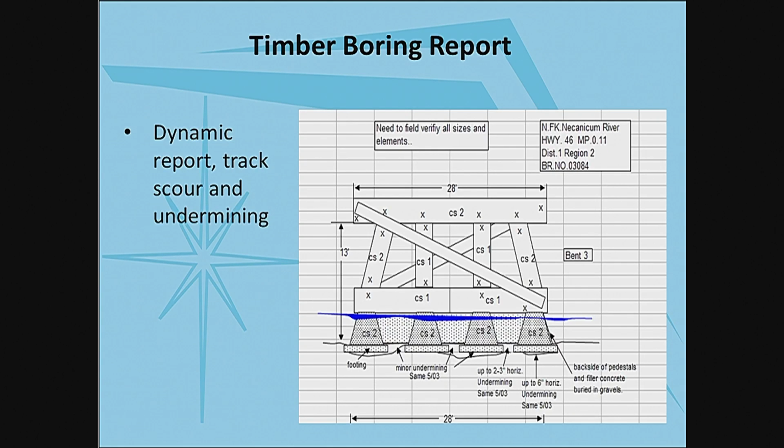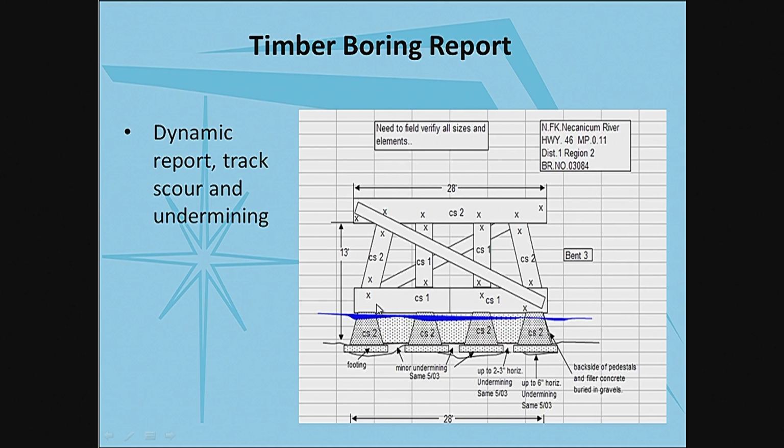We don't want old information on there when it's no longer existing. But in this example here, you can include other things. You can track scour. These are a frame bent on pedestals, and there's some undermining of the footings. So you can show that on the reports as well.